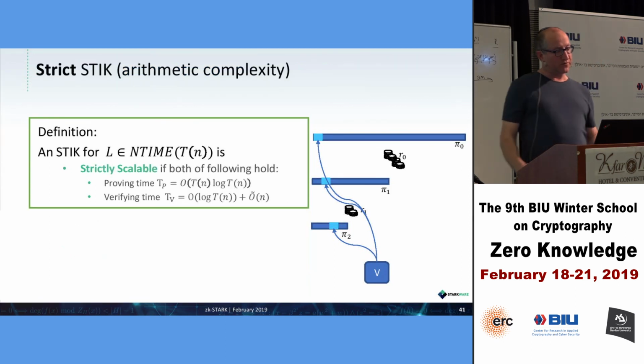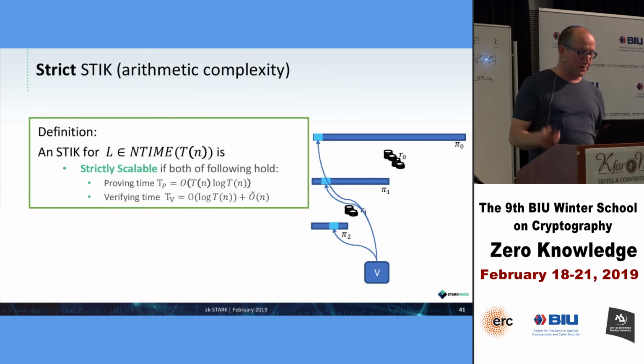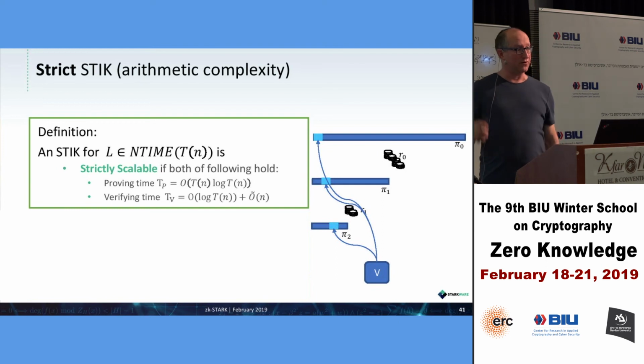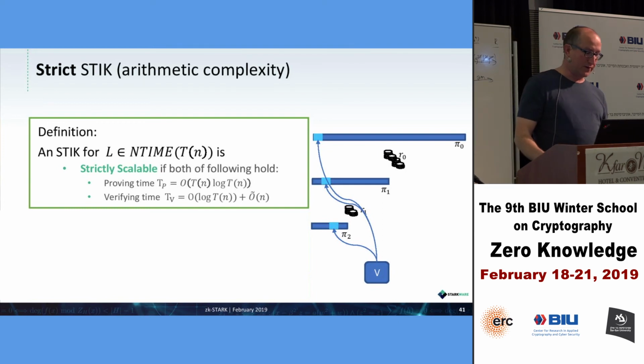Now you can also talk about a strictly scalable STIK, which is another invented definition. If the proving time is strictly quasi-linear, O(T(n) log T(n)), and verifying time is O(log n).